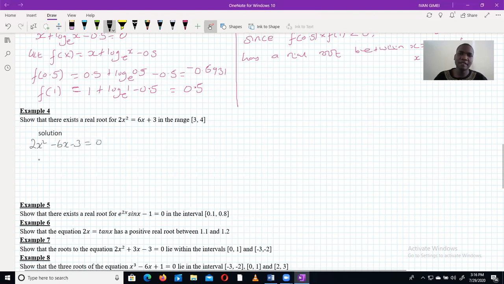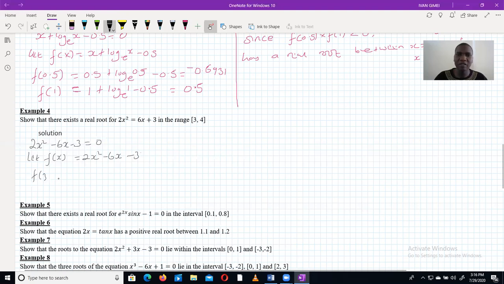Then I let my f of x be the same as 2x squared minus 6x minus 3. We need to first define our function in terms of x. Then we shall have f of 3.